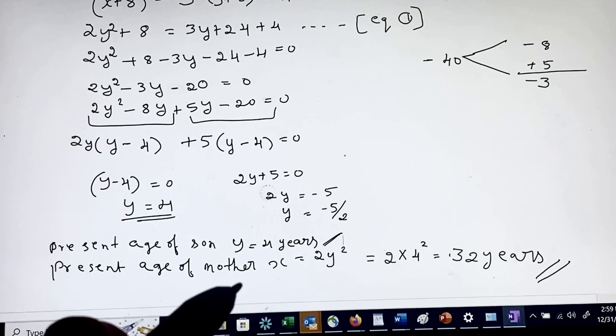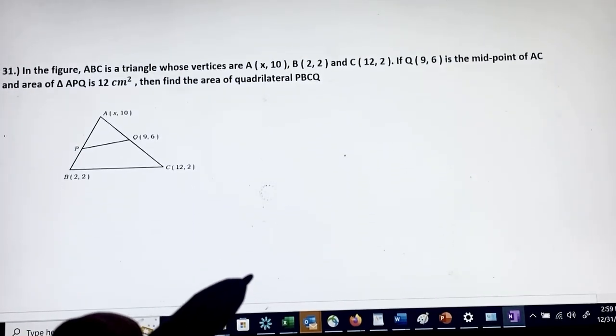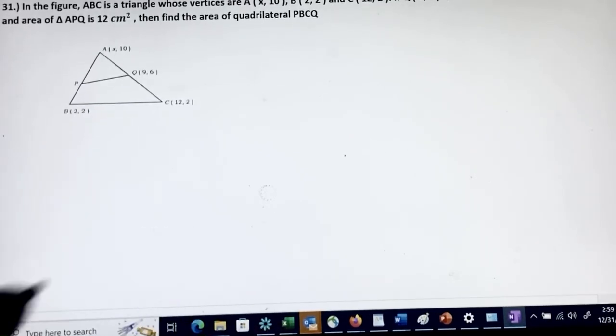Now moving on to the next question. Next is 31st question. In the figure, ABC is a triangle whose vertices are A of x comma 10, B of 2 comma 2, C of 12 comma 2.